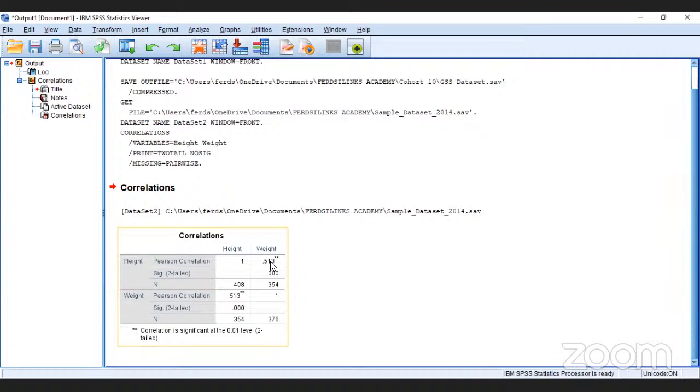Now, it's important for you to note that correlation talks about relationship, not causality, right?